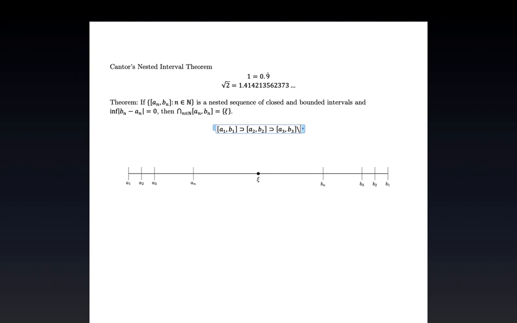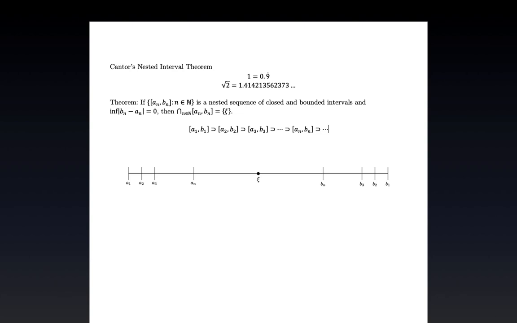In this way I'll write superset of A_n B_n. As this continues, let me put some dots here. This is a superset again of [A_n, B_n], and this continues, doesn't stop here. So this is what we mean by a nested sequence of closed and bounded intervals.